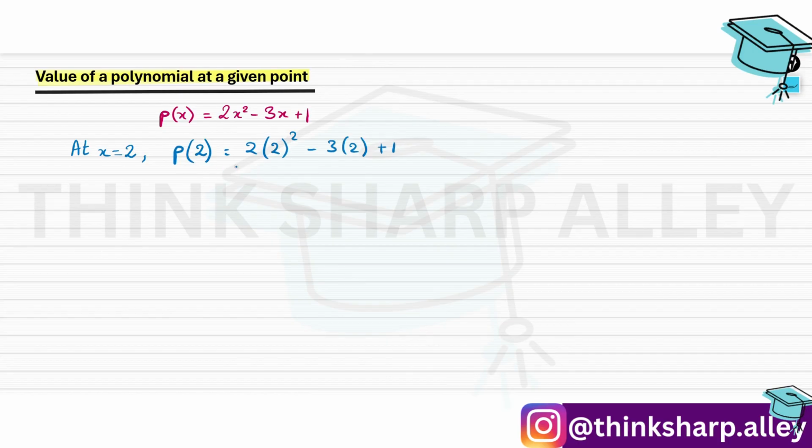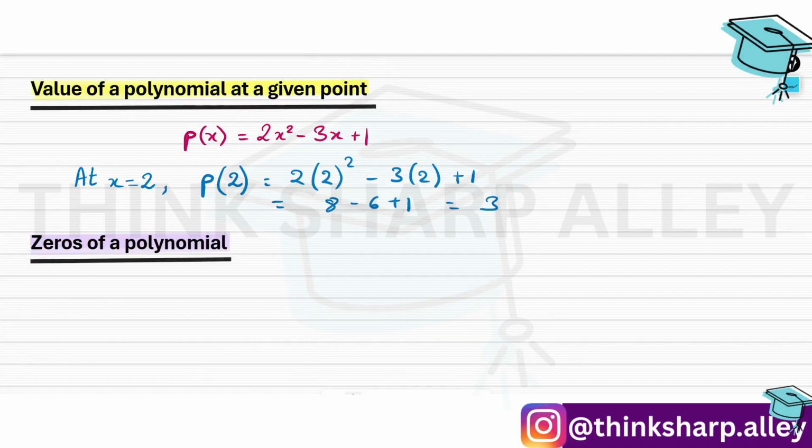And simplify. So 2 square is 4, 2 is 8, minus 6 plus 1, which gives us 3. So the value of the polynomial at x equal to 2 is 3. Finding value means substitution and simplification, nothing more.